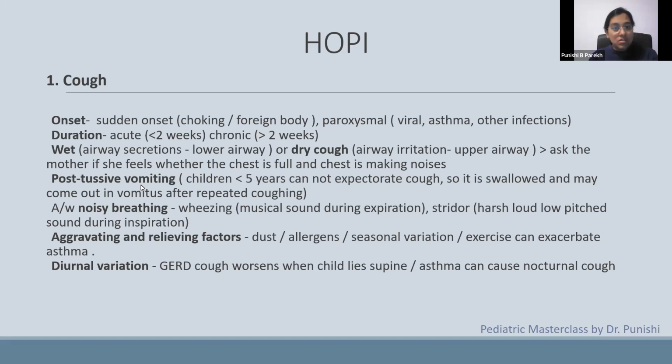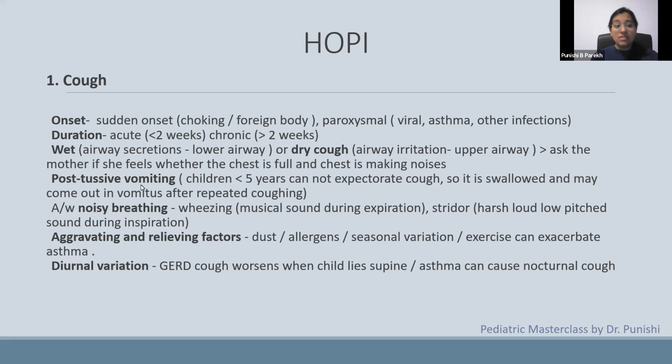And when you examine the child, you'll be able to differentiate whether it's a stridor or a wheezing, and then localizing the lesion and your differential diagnosis will vary accordingly. But it's always safe to ask the informant whether the cough is associated with noisy breathing or not. And you should know the types of noisy breathing and why it is important to differentiate them, because both of them will tell you a different story and you'll be able to localize the lesion based on just the type of noisy breathing that you can hear.